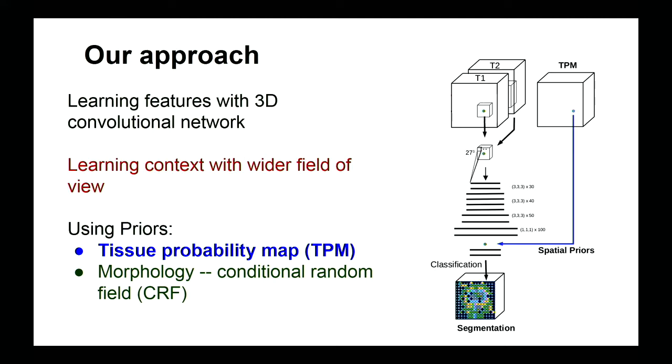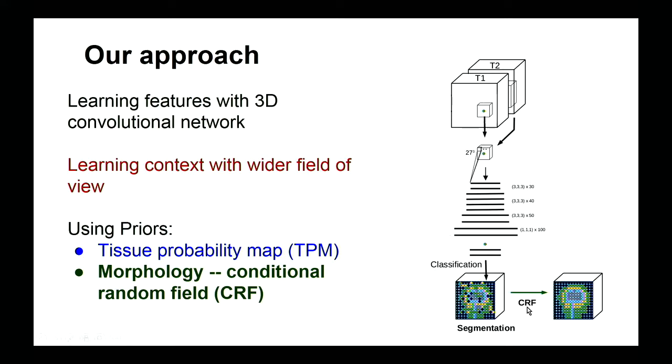The second one is a tissue probability map, introduced as an extra input channel to the network. This tissue probability map contains values for each voxel in the image and assigns the probability of that voxel belonging to each of the classes that we're trying to label. Adding the TPM makes this network no longer shift invariant, because now we're introducing information on absolute location for each voxel in the image.